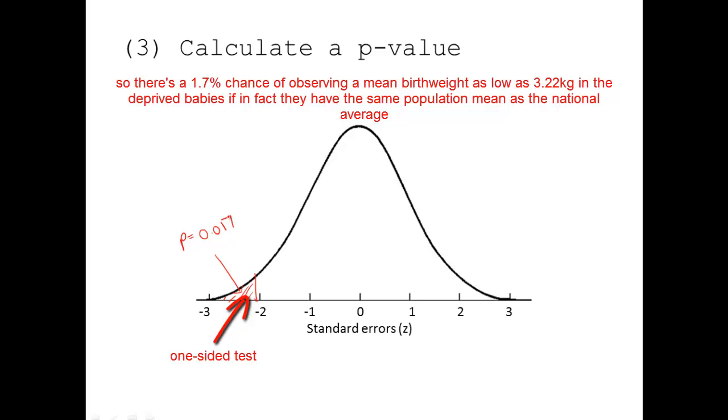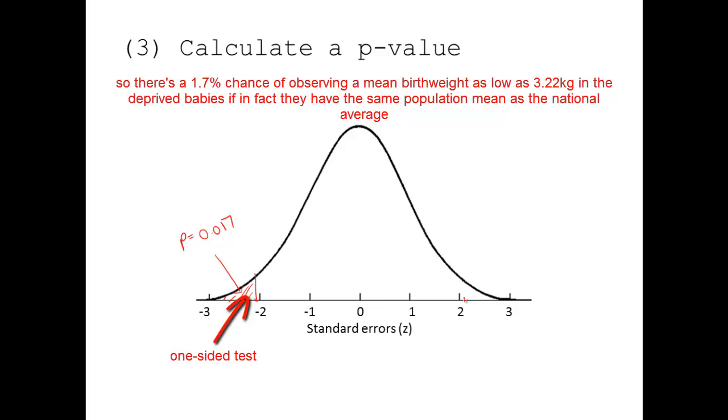In that case, the mean birth weight in the deprived areas would have been greater than the national average. And typically we tend to calculate what's called a two-sided p-value because we don't specify the direction of the difference. We just say what's the probability of obtaining a result as extreme.